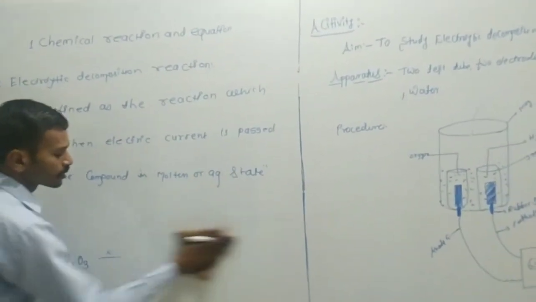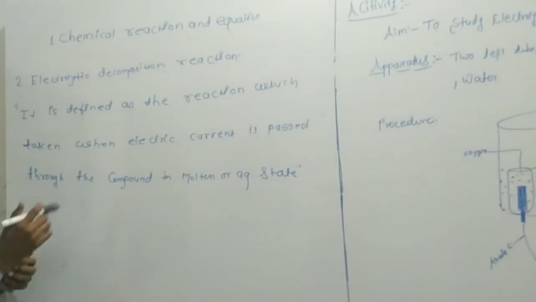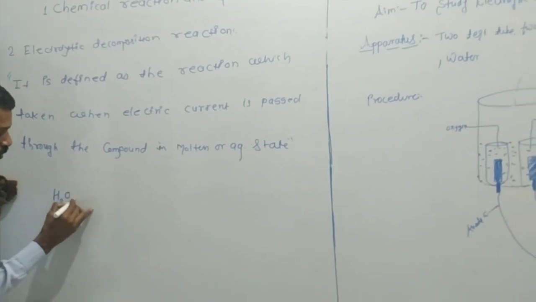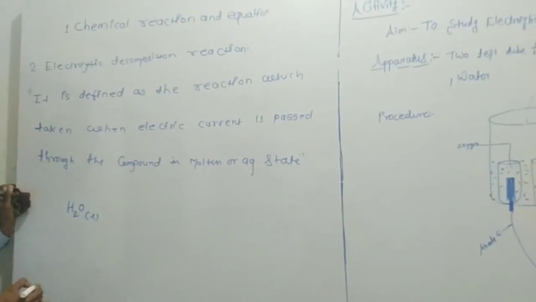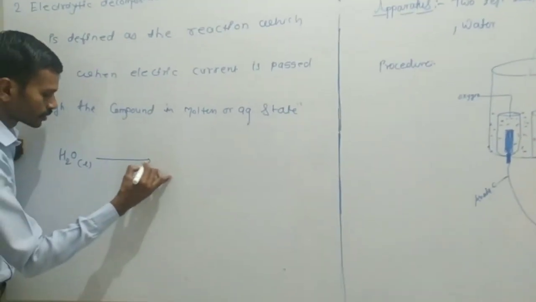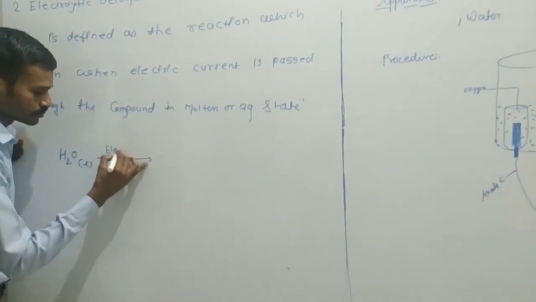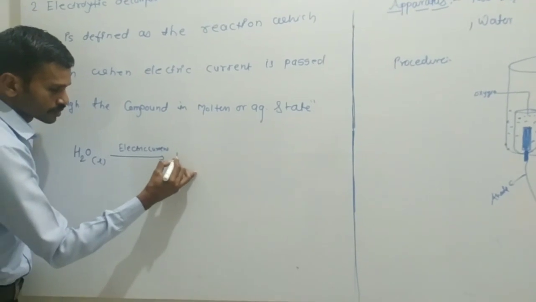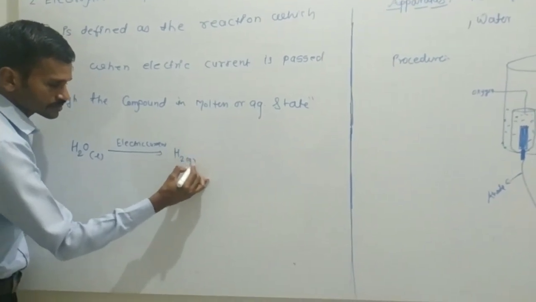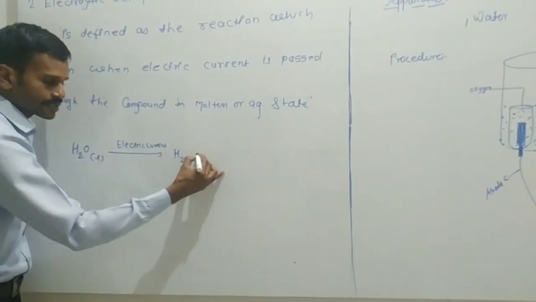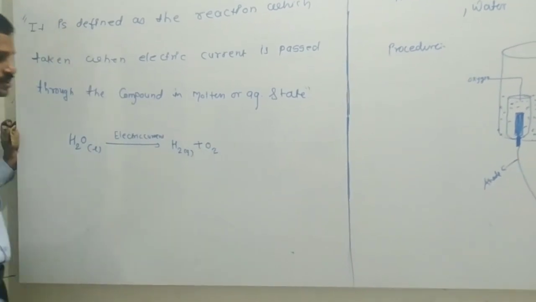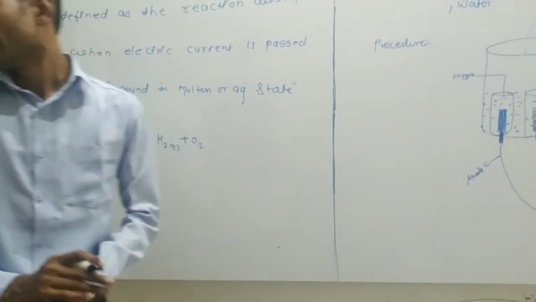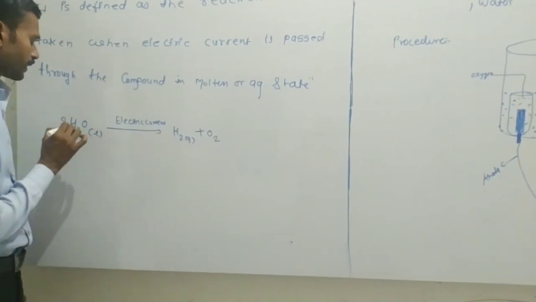Means our chemical reaction, you can simply represent H2O, it is a liquid. Okay, electric current is passed, then it forms H2 gas and second O2 gas. H2 and O2 gas is formed, and to balance the reaction, taking twice H2.